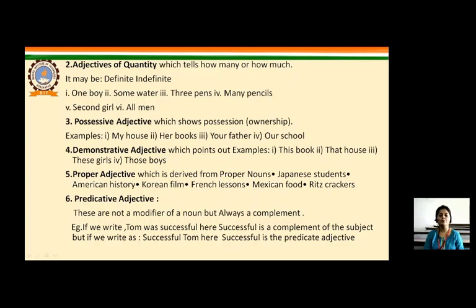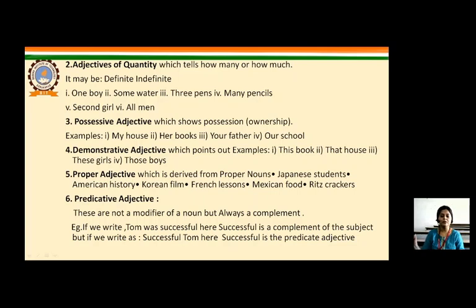Also, we have demonstrative adjective. Demonstrative adjectives are used to point or to refer to some particular noun. Like, where is this place? If you are asking where is this place, you are referring to some particular place in the location. Then, whose book is this?